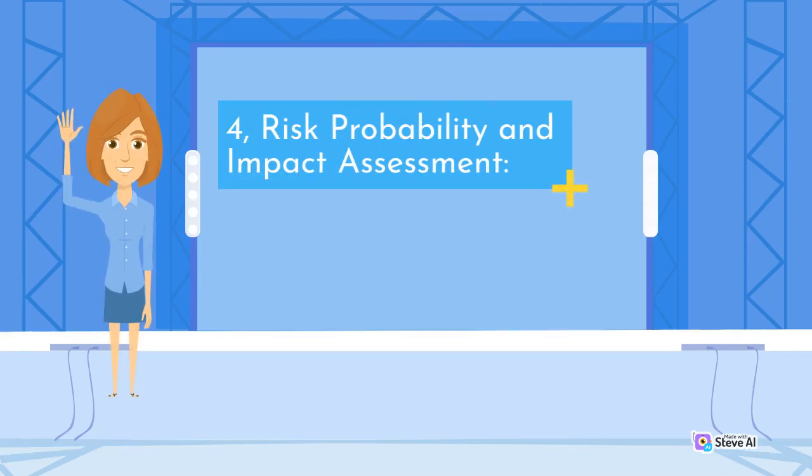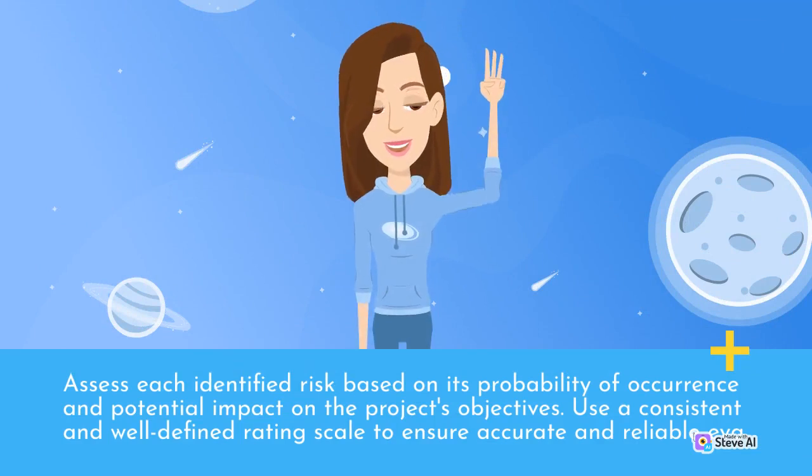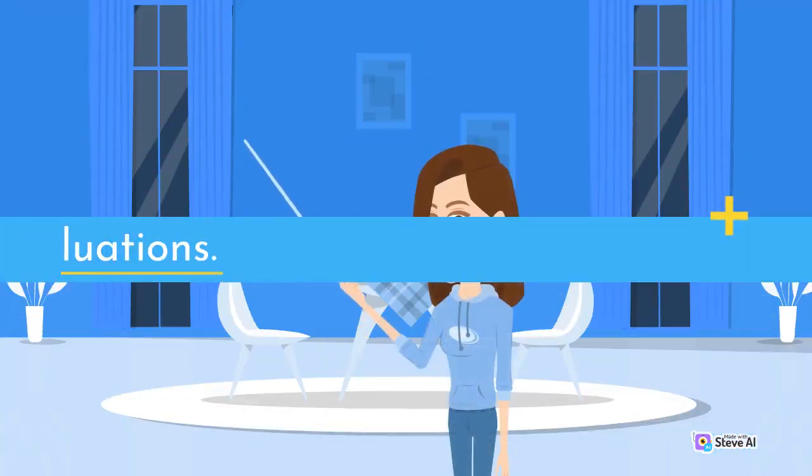4. Risk probability and impact assessment. Assess each identified risk based on its probability of occurrence and potential impact on the project's objectives. Use a consistent and well-defined rating scale to ensure accurate and reliable evaluations. 5.